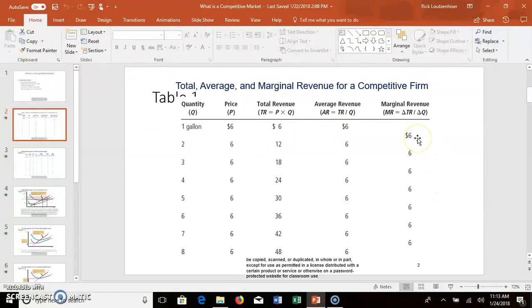It turns out to be 6. So this is one of the characteristics of the competitive market: the price is 6 at each level. The total revenue increases by the quantity times the price, and the average revenue stays the same, and the marginal revenue stays the same.